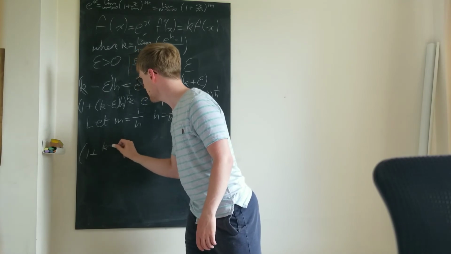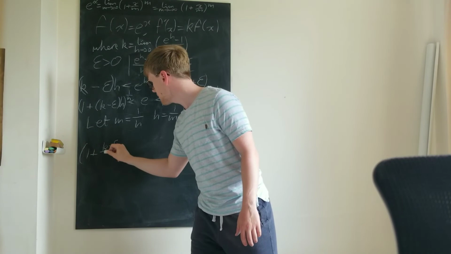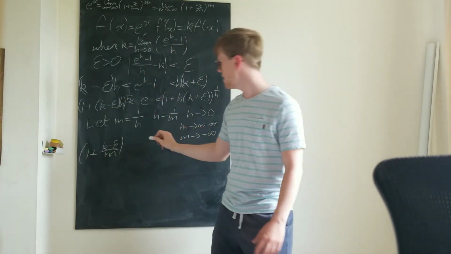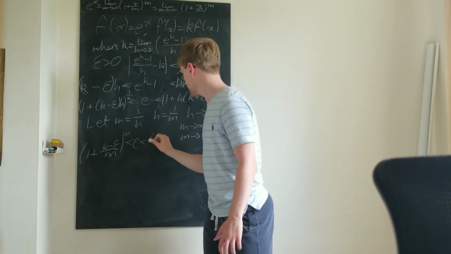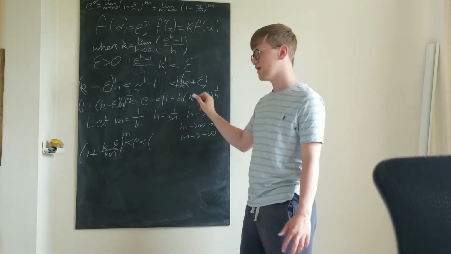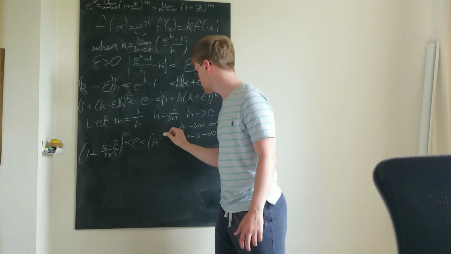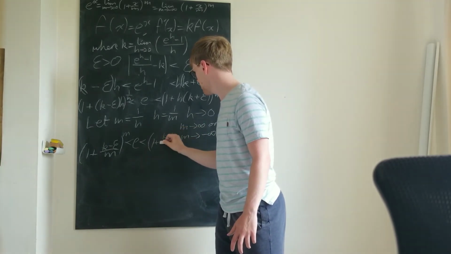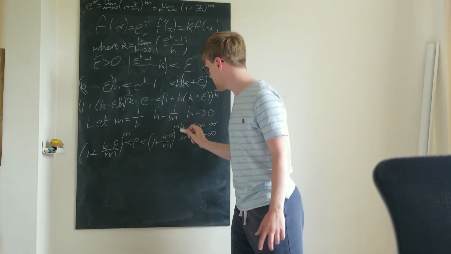1 plus (k - epsilon) times h, which is the same as dividing by m, to the power of m, is less than e, which is less than 1 plus h(k + epsilon). Well, the h is just 1 over m, so that's 1 plus (k + epsilon) over m, to the power of 1 over h, which is to the power of m again.